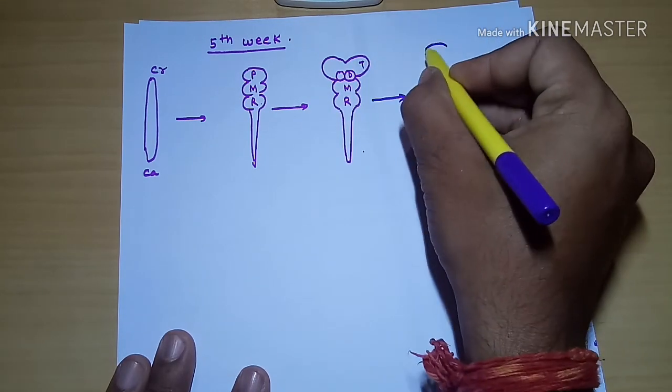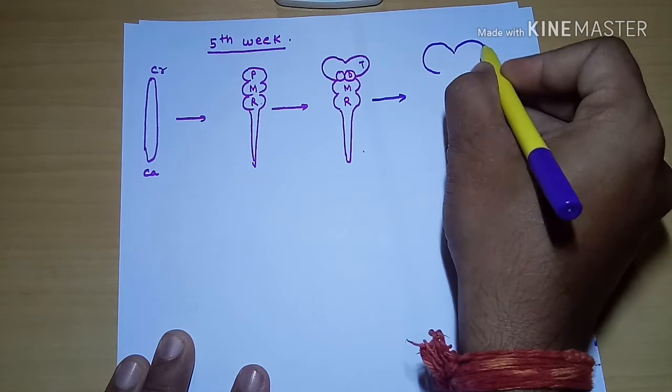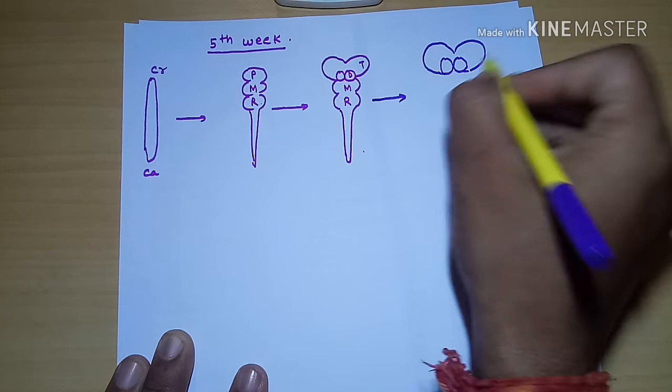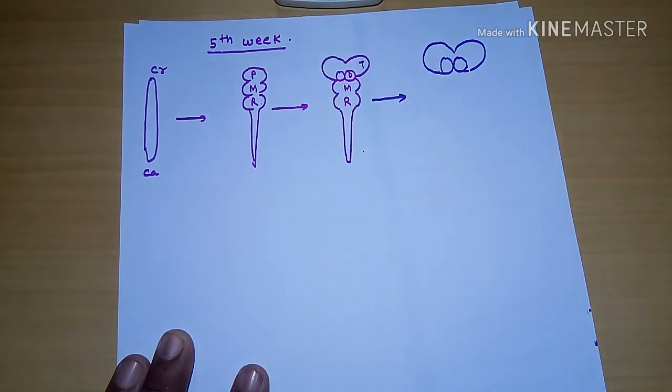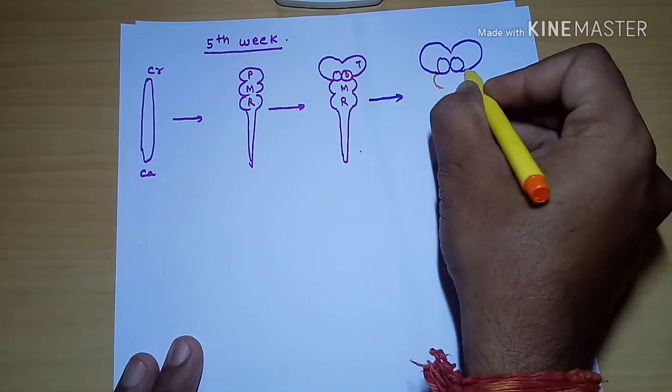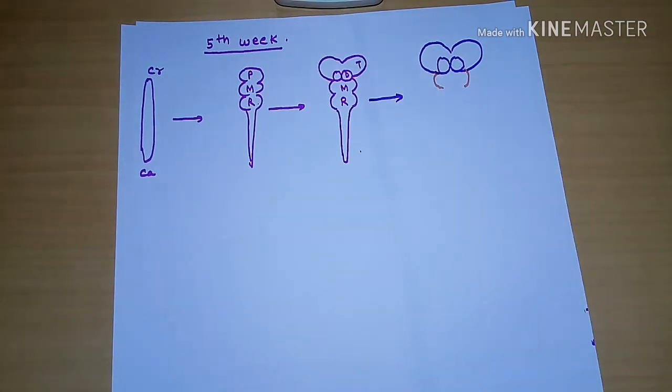So this is the telencephalon, and this is the diencephalon, which are the parts of the prosencephalon. And below this is the mesencephalon, which will form the midbrain.